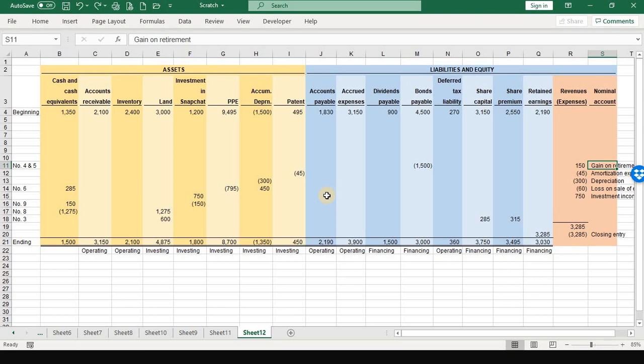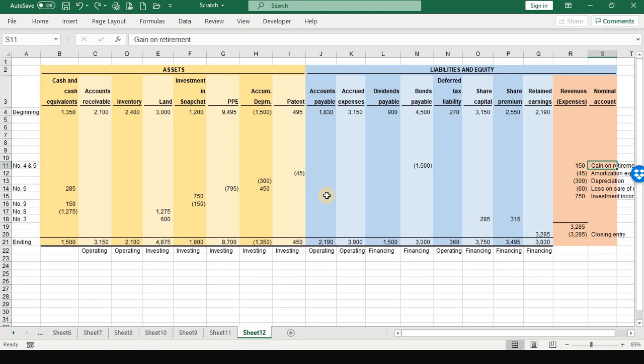And the gain is 150, so the cash payment is lower than 1,500. Because if we paid an amount below the carrying amount, that is a gain on retirement. And if we pay an amount higher than the carrying amount, that is a loss on retirement.